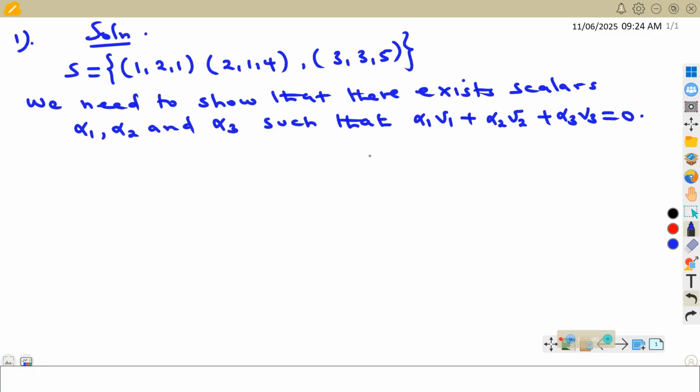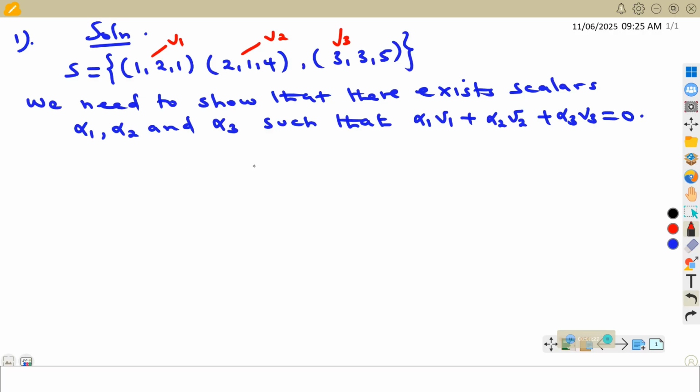Meaning, when you are testing for linear independence and linear dependence, you equate the linear combination to 0. So from here, let us substitute for v1, v2, and v3. We are letting our v1 to be this, our v2 to be this, and our v3 to be this.